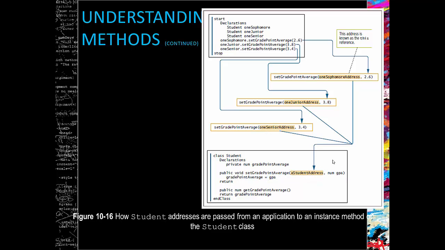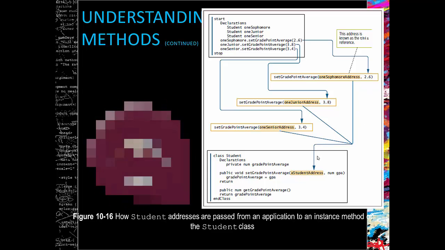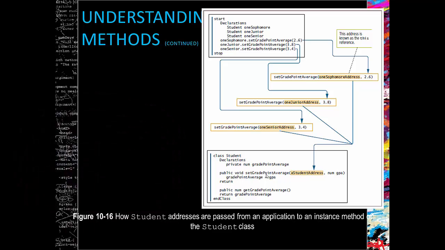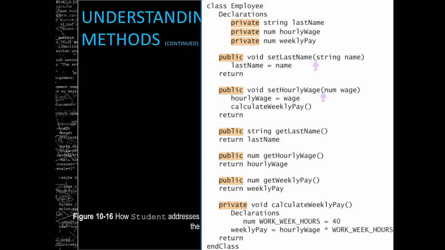So the parameter accepts the address of the student because the instance method belongs to the student class. For example, if working with an employee class, your address would be the employee object's address.